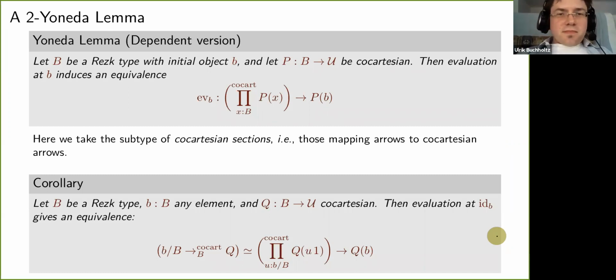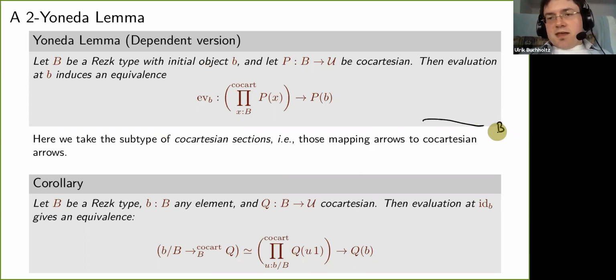Okay. So here's our dependent version of a Yoneda lemma for co-Cartesian families. Start with a rest type with an initial object, and let P be a co-Cartesian family. Then evaluation at B induces an equivalence from the co-Cartesian sections of P to the fiber at the initial vertex.